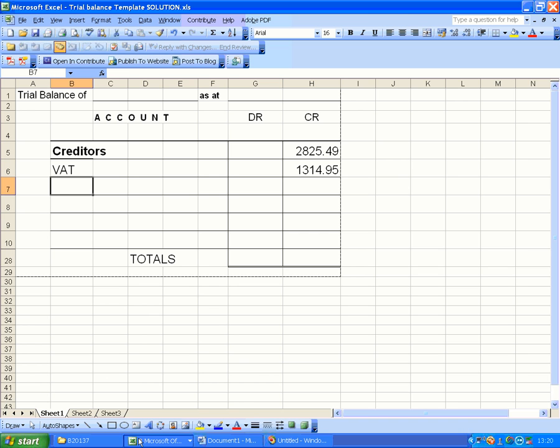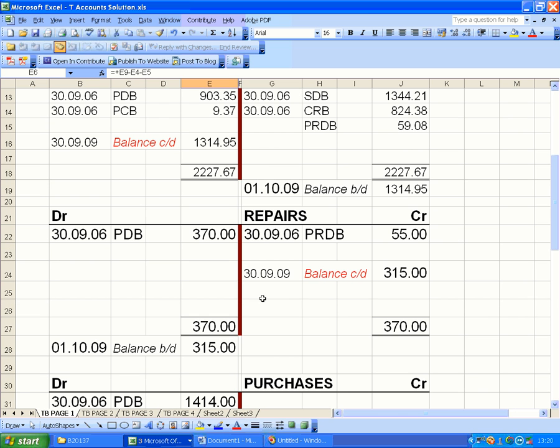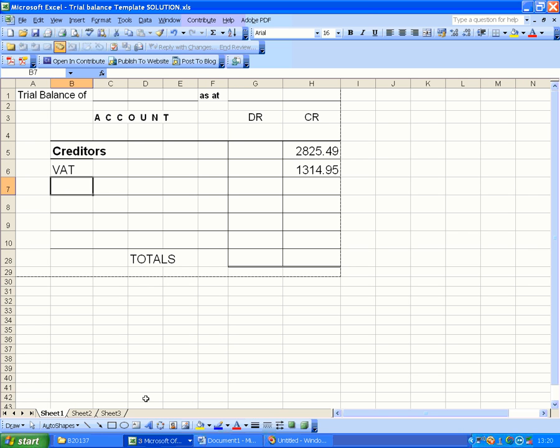Back to your T account. The next account is repairs. The balance figure on this T account is on the credit, so using the duality rule, it will be a debit posting in the trial balance. Repairs, debit 315.